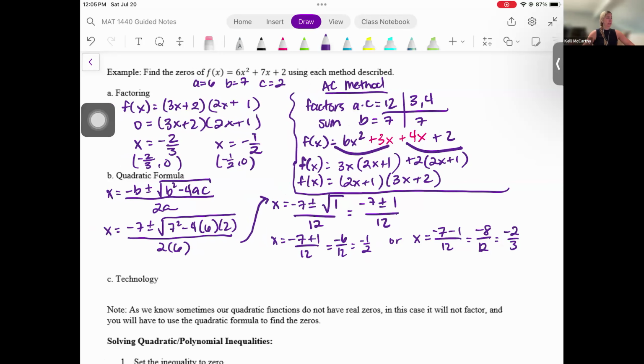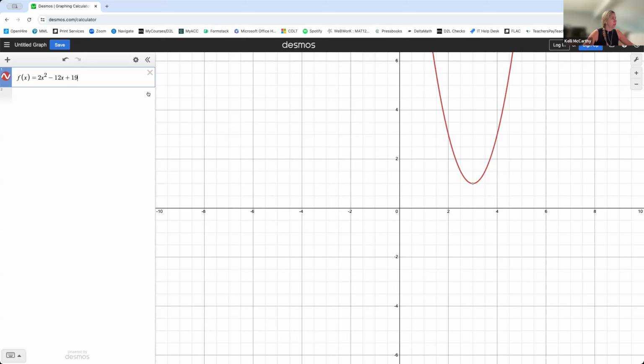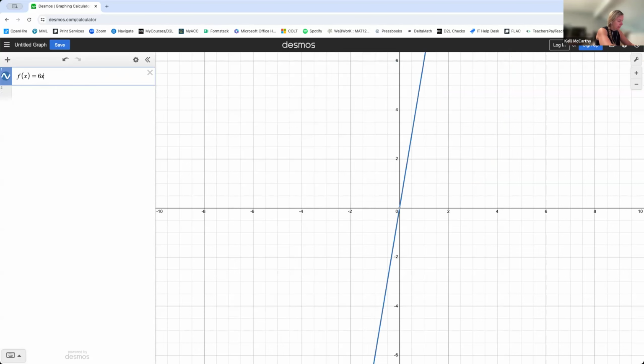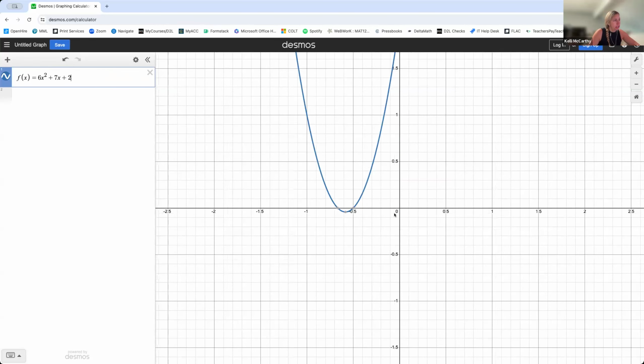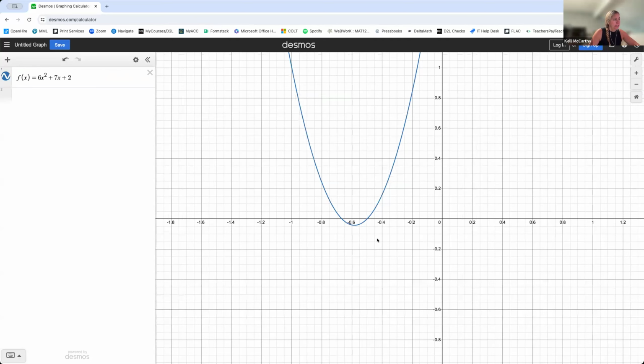And then we can use technology. So we'll graph this in Desmos to find our zeros. Let's clear out our other function. f of x equals 6x squared plus 7x plus 2. So we can see this. We're going to zoom in a little bit further just so that we can see this graph a little bit better.